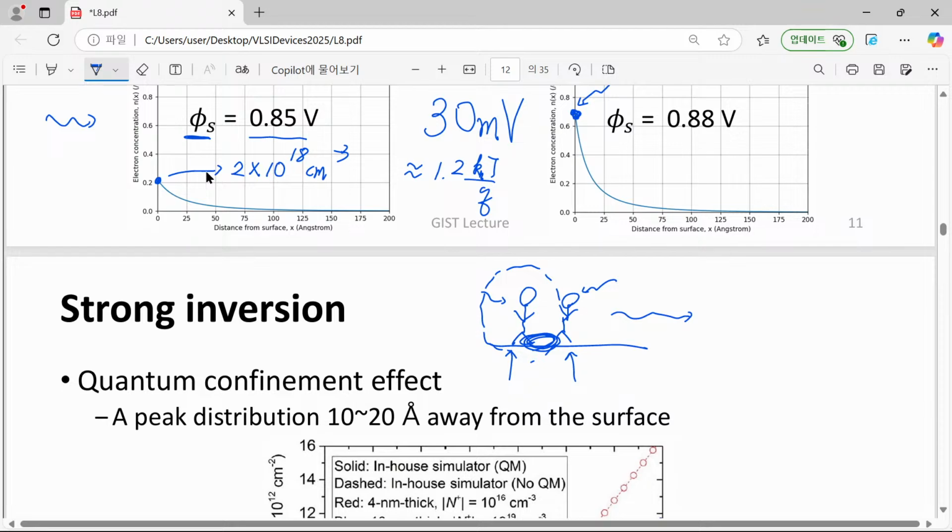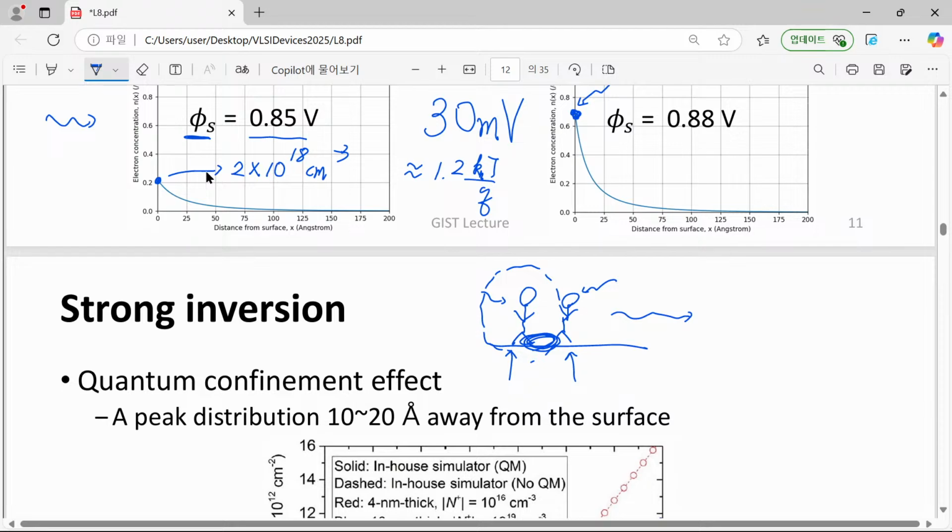Beyond strong inversion or threshold voltage, the substrate becomes really sensitive to the potential difference, so it can provide a lot of electrons quite easily. However, the oxide is always steady, and the same amount of potential difference is converted into the same amount of charge difference.